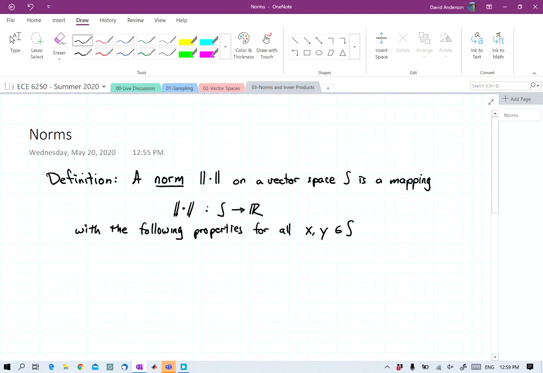So property number one, the norm is always non-negative. And we only have a norm of 0 if x is the 0 vector.